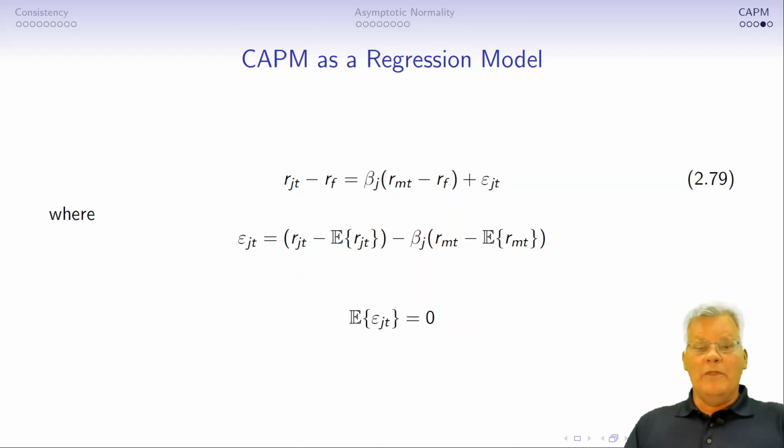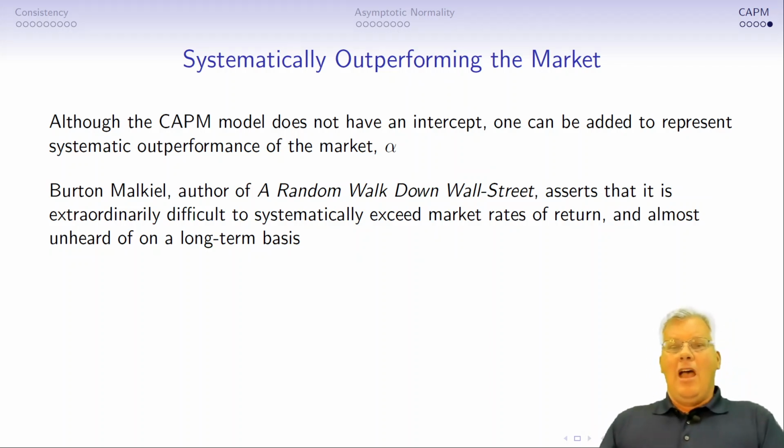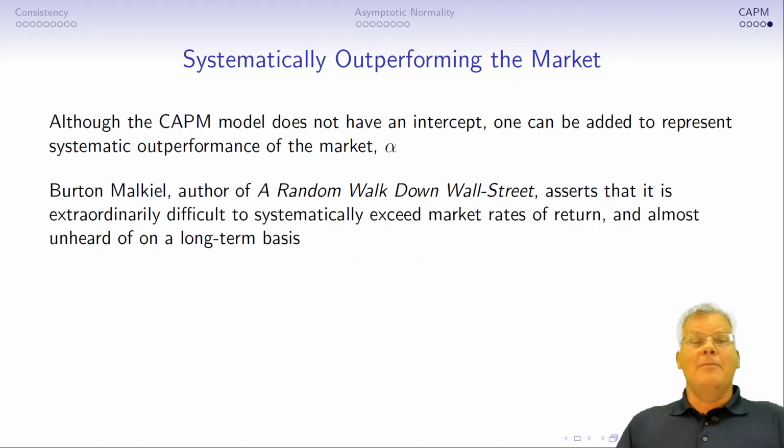We're going to assume that under an efficient market, the expectation of epsilon sub jt is equal to 0. Now, although CAP-M does not have an actual intercept term, one can be added to represent systematic outperformance of the market, and we'll call that alpha.